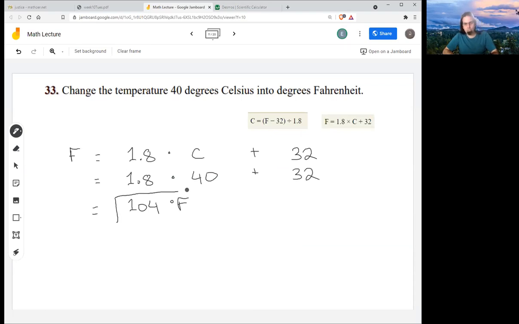What is that? Hot tub temperature. So that's not too bad.